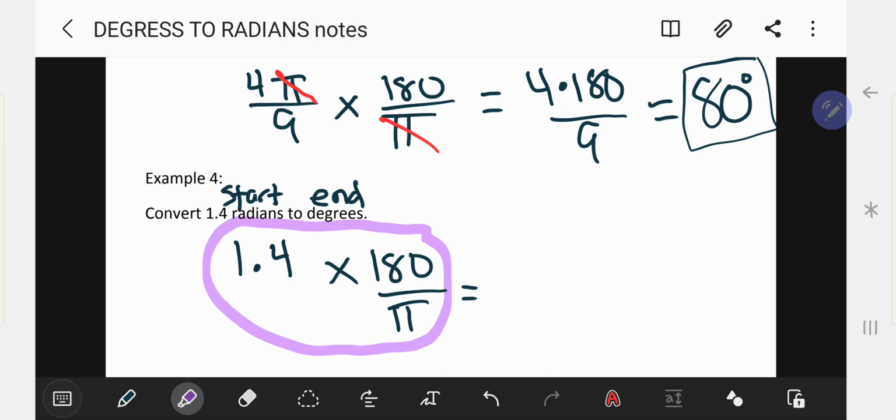So I have 1.4. Actually, okay, 1.4 times 180 divided by pi.